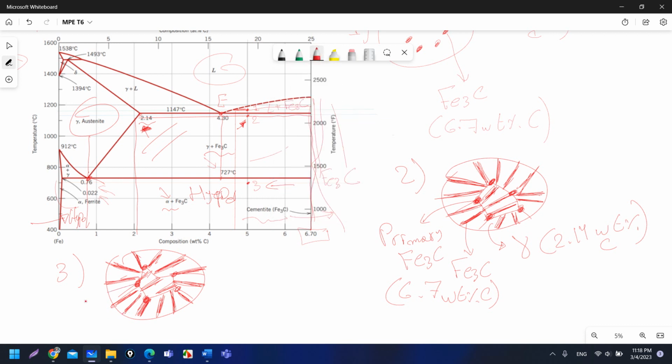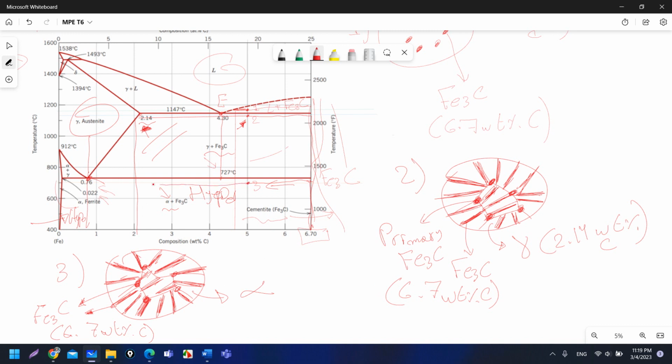So here I have these sphere or circle particles, and also the red line in the lamellar structure, both of them are Fe3C, and if I went to the right, I will reach the end of the x-axis, which is 6.7 weight% for the carbon. So I have 6.7 weight% for the carbon, and this white region is alpha.